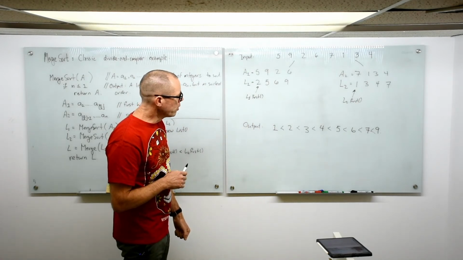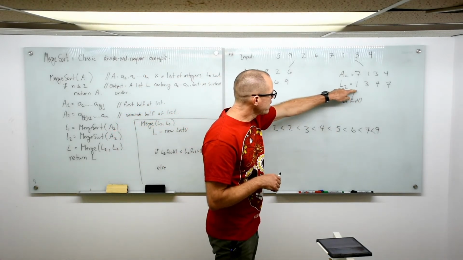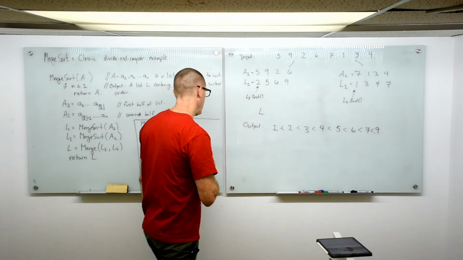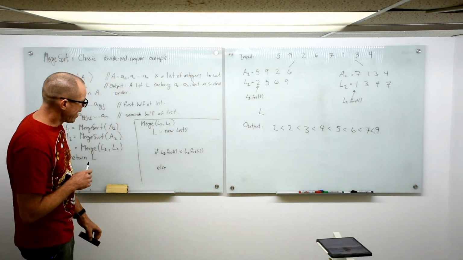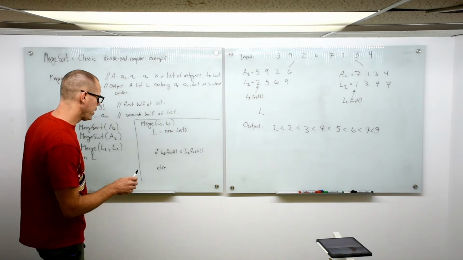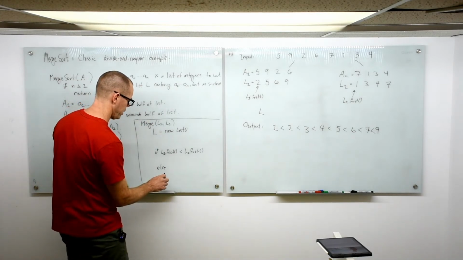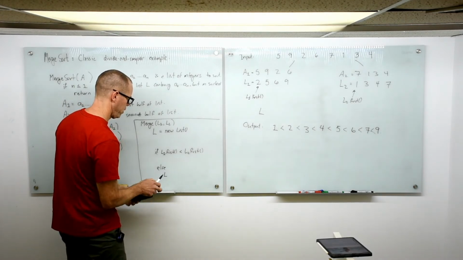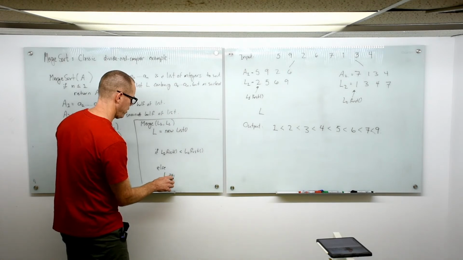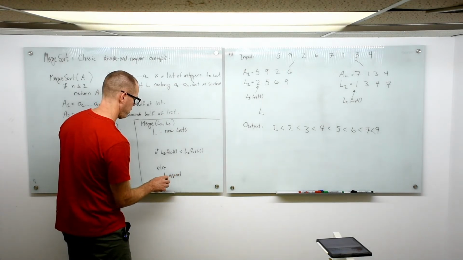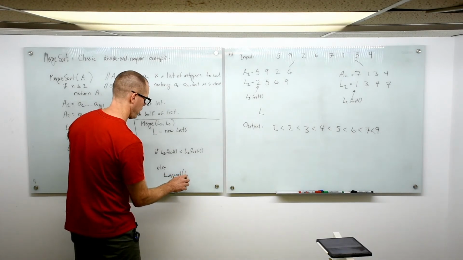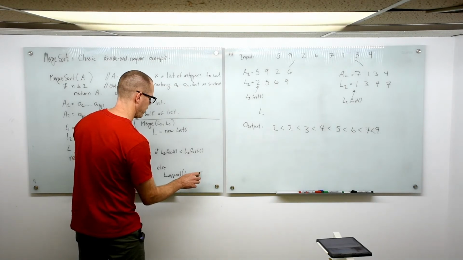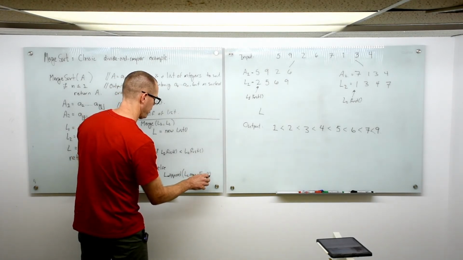And so what should we do? Well, we should take this element out of L2 and add it to our output list. So we'll write that in this code as something like L.append(L2.removeFirst()).